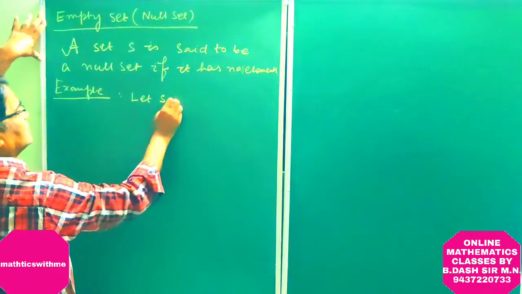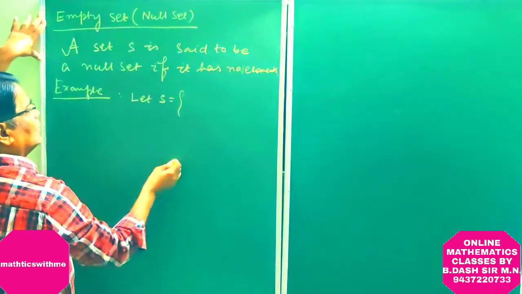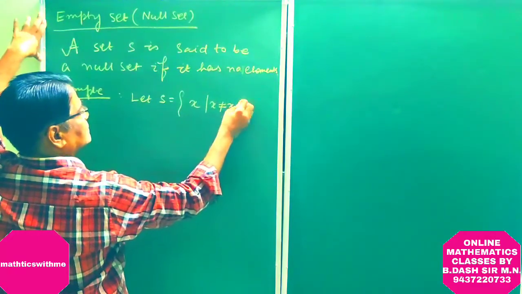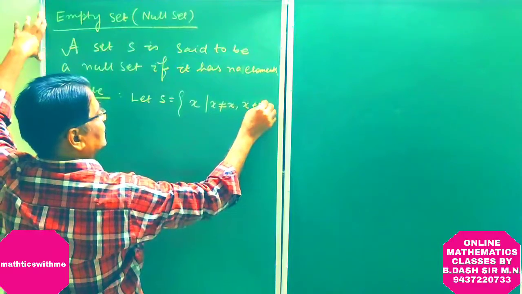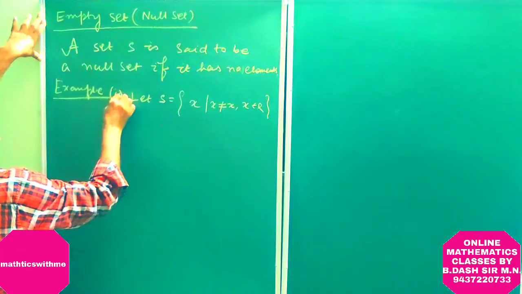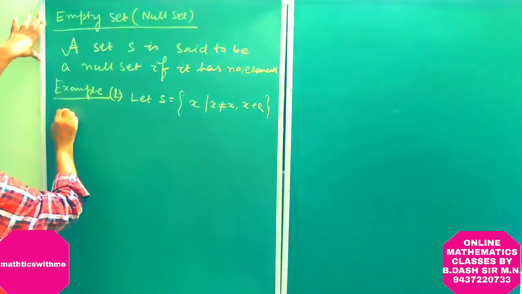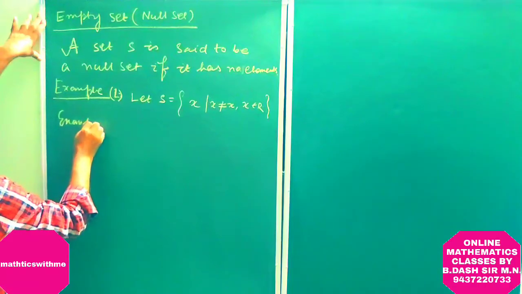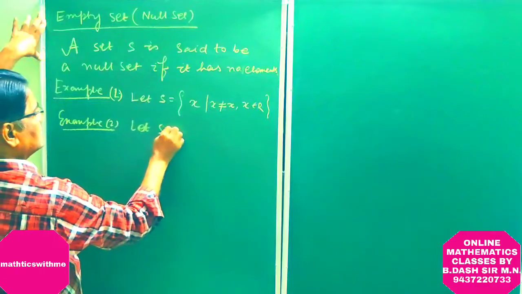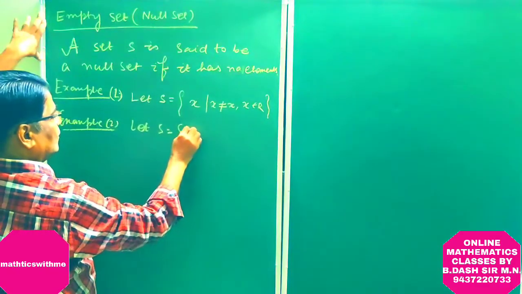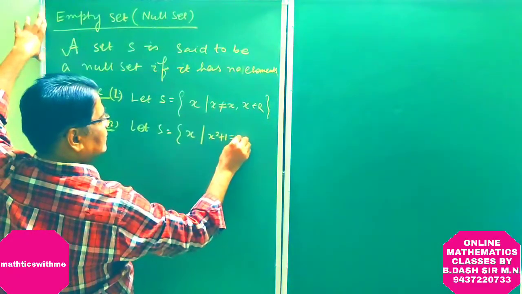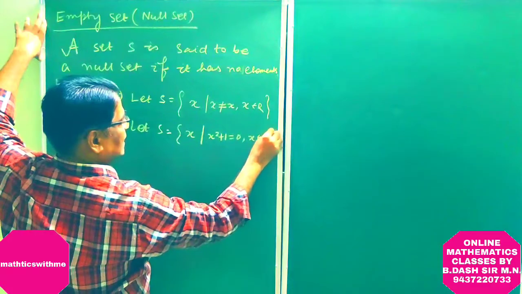Let S is equal to {x such that x is not equal to x, x belongs to real numbers}. So it is an example of an empty set. Example 2. Let S is equal to {x such that x square plus 1 is equal to 0, x belongs to R}.